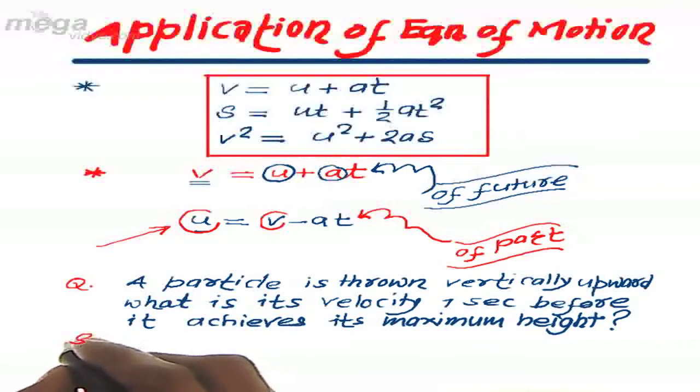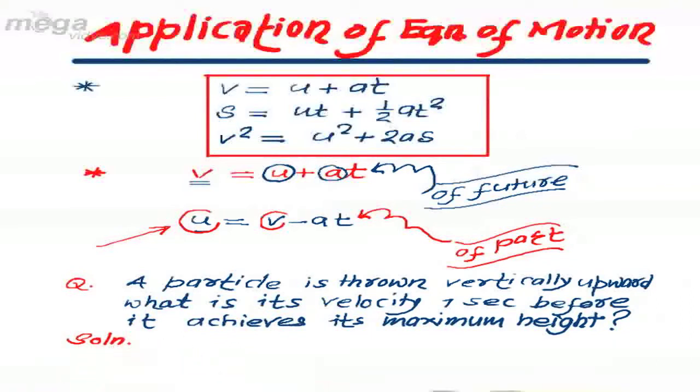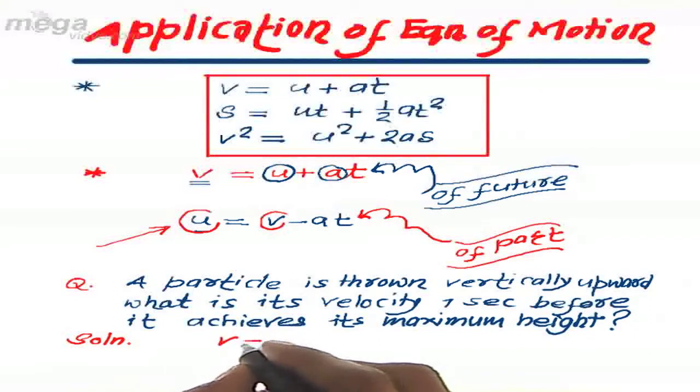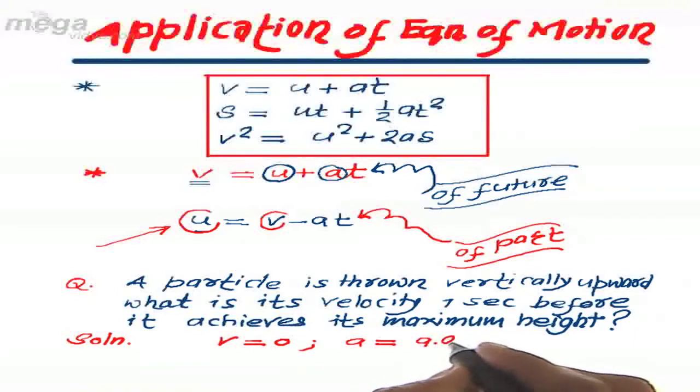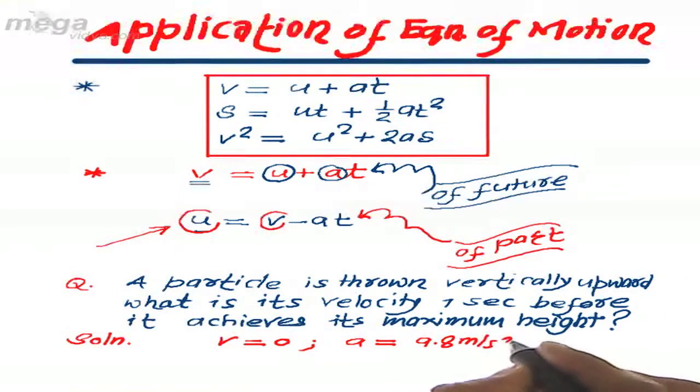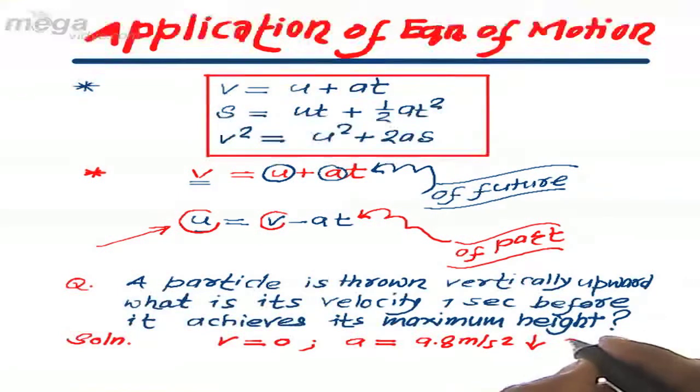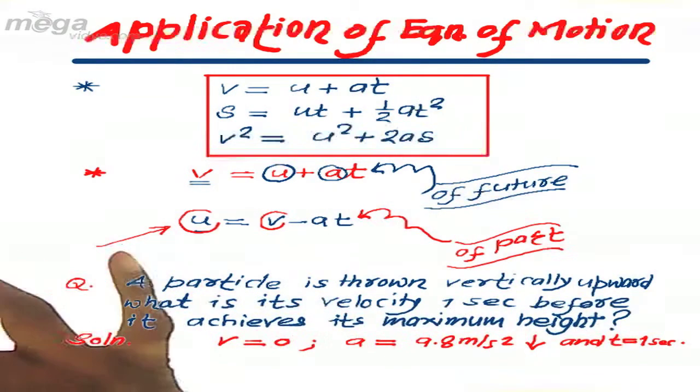In the solution, I will take v equal to 0, acceleration as 9.8 meter per second square vertically downward, and time as 1 second, which is of the past.